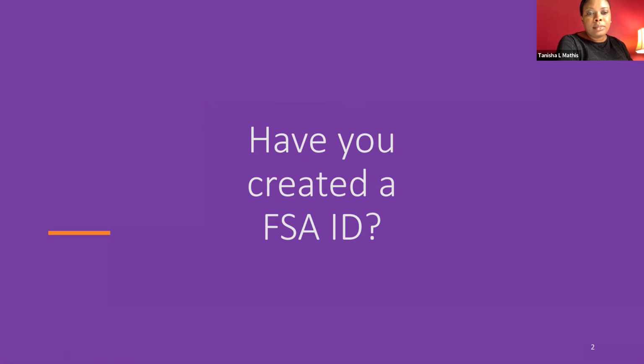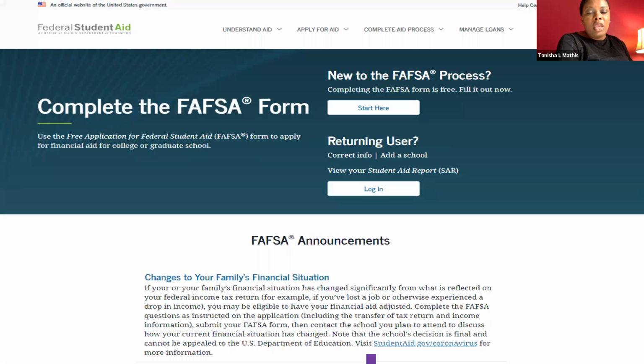Next slide. If you are signed in, this is the page that you should be on. Everyone should be on studentaid.gov. No other page. This is the free one. It must be studentaid.gov. Thank you. Next slide.